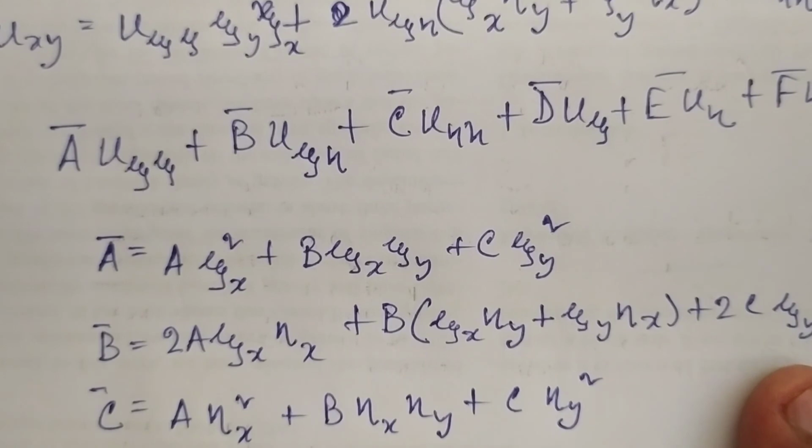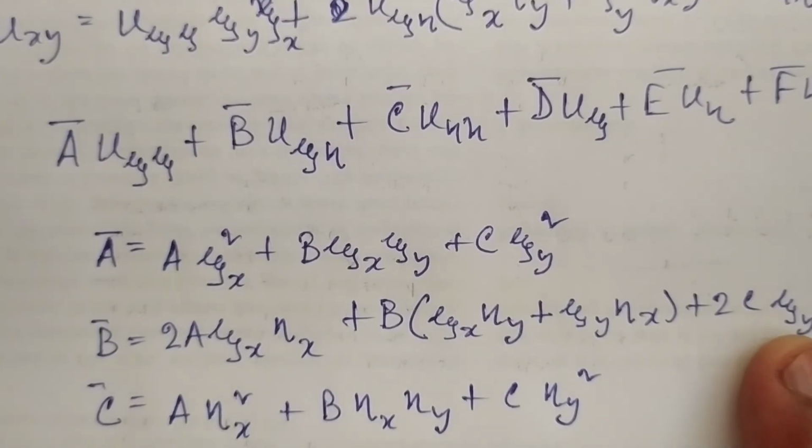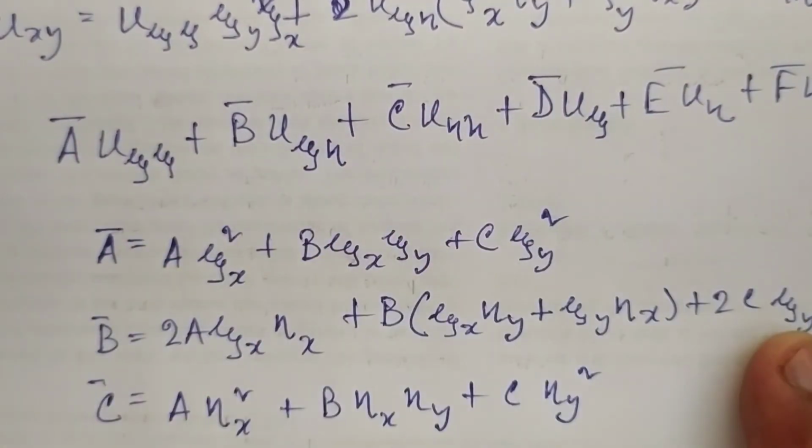How we will change those equations and those coefficients, we will check later in the next lecture, that is, what extra incorporation will help us determine some simpler equations, or some simpler A-bar, B-bar and C-bar, etc.